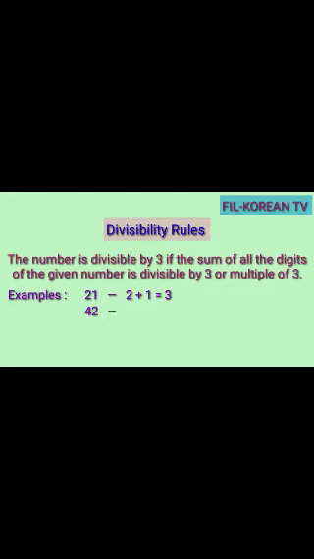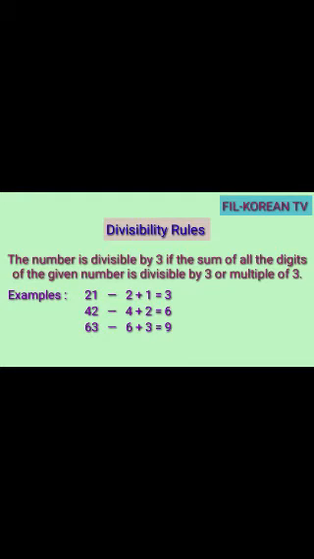Another example, 42. Ang digits naman ng 42 ay 4 at 2. Ipa-plus din natin, 4 plus 2 equals 6. Ang 6 pwedeng i-divide sa 3, kaya yung 42 ay pwede ring i-divide sa 3. Another example, 63. Ipa-plus natin yung digits niya. 6 plus 3 equals 9.